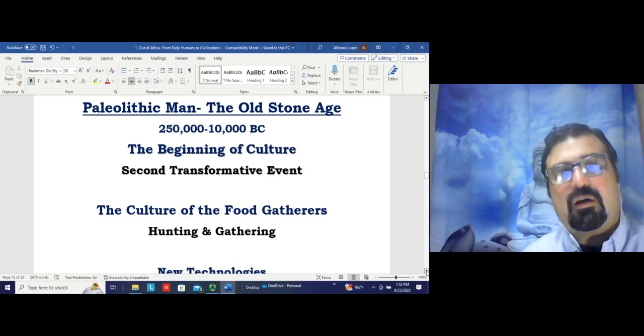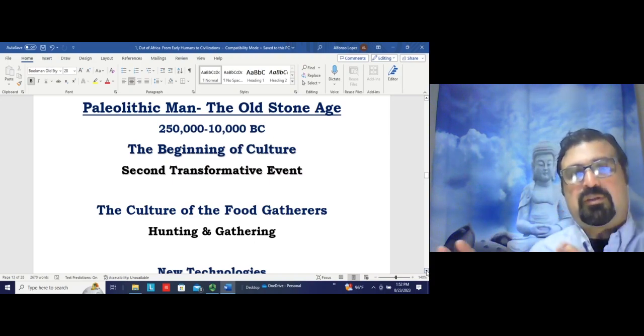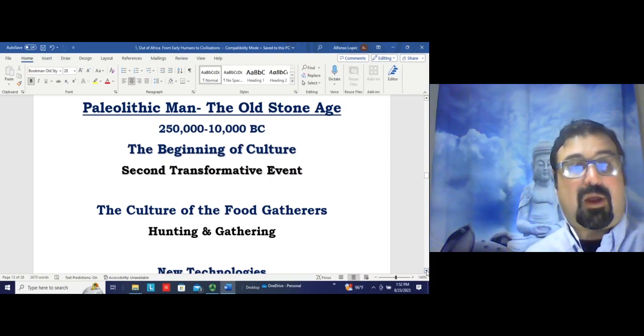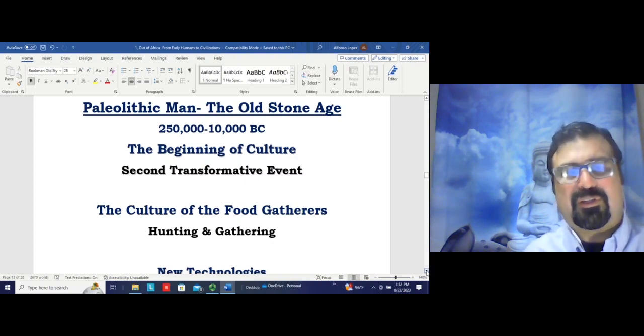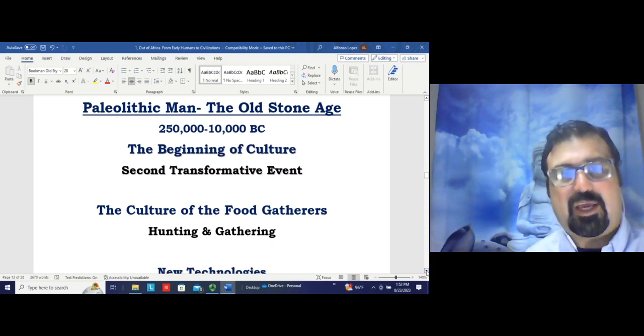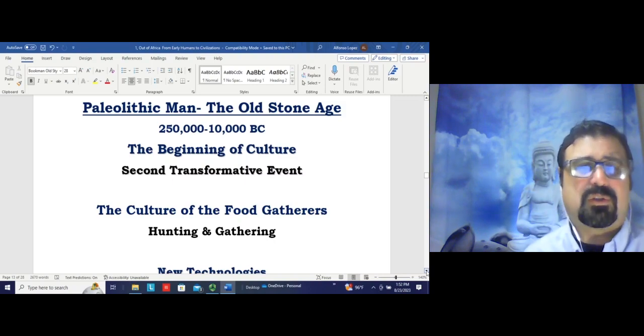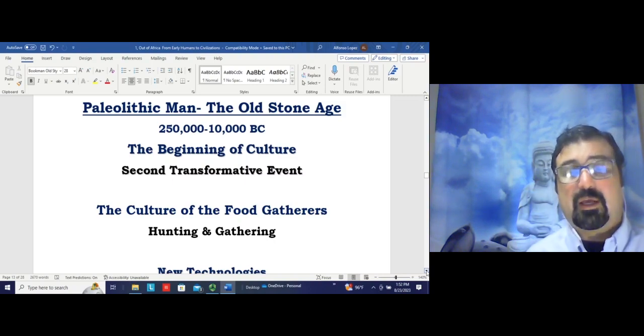So all of the tools that human beings crafted were primarily crafted out of stones, and some out of wood, of course. This is going to be much, much later. In the very beginning of the Old Stone Age it is just stone.